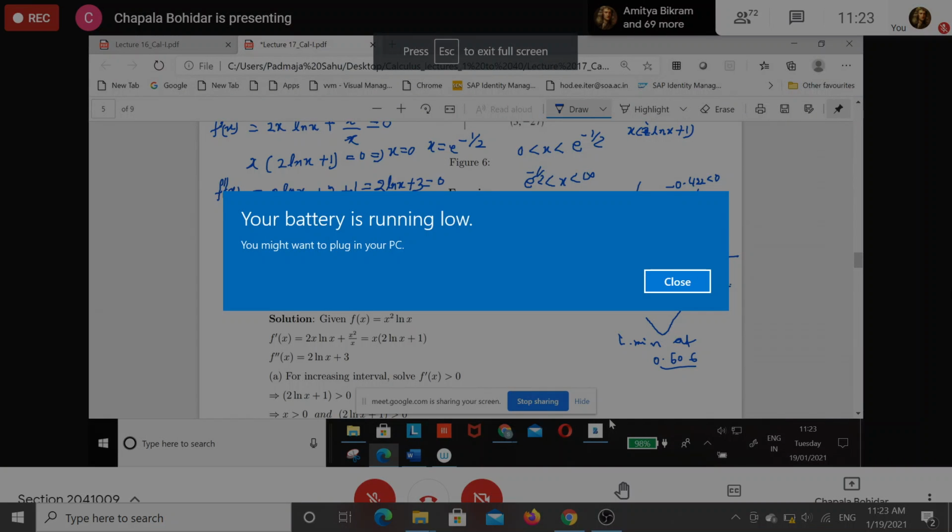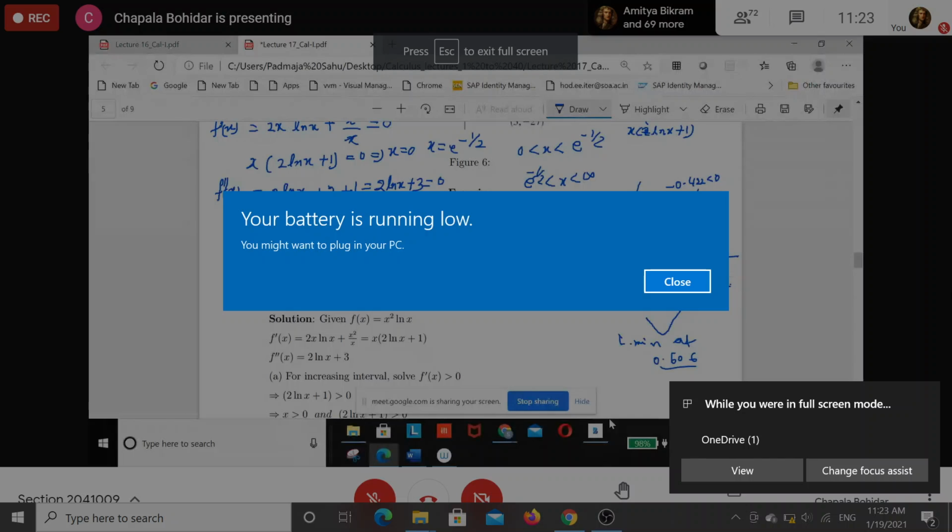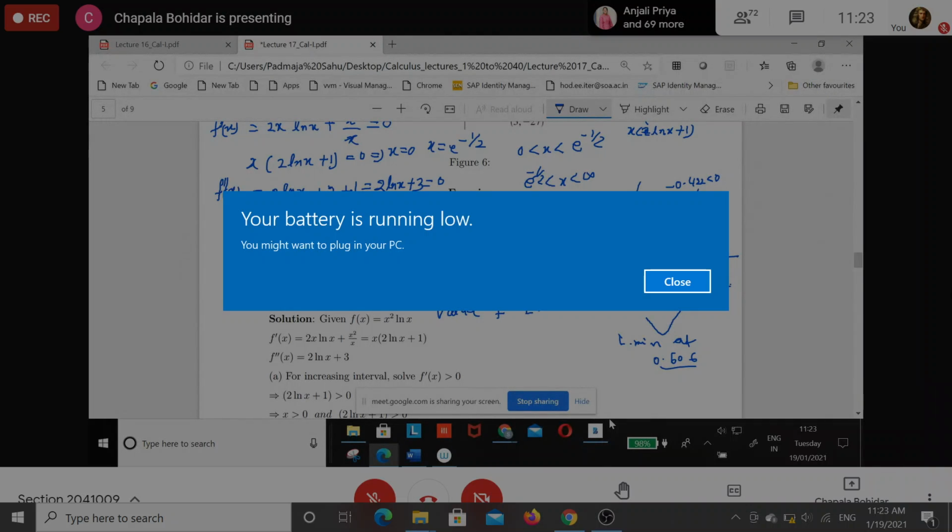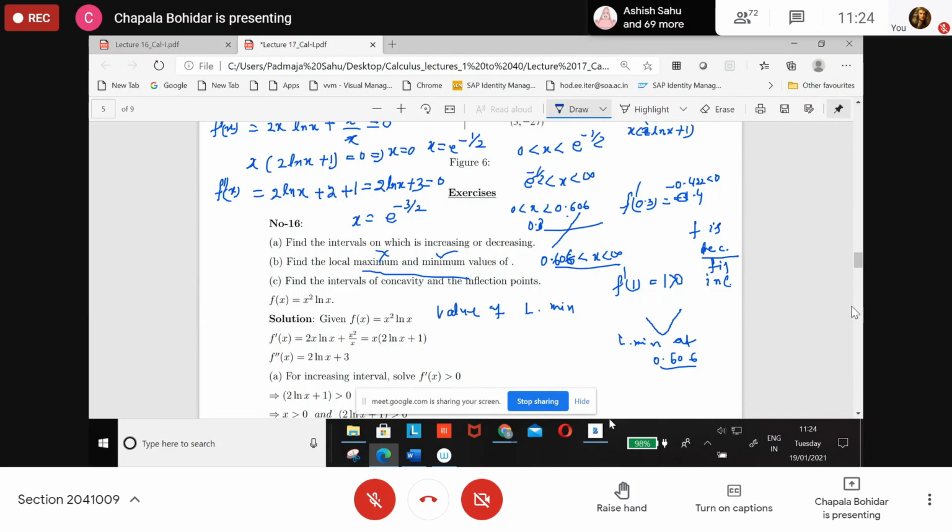For this question, I'm not getting a maximum, only the minimum. So the value of the local minimum is f at 0.606. What is the function? f of x is equal to x square ln x.